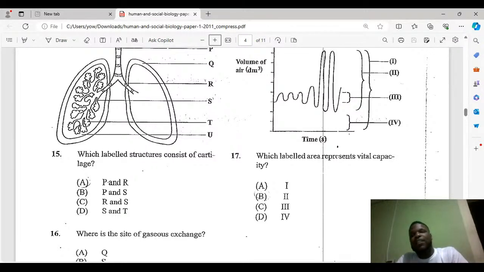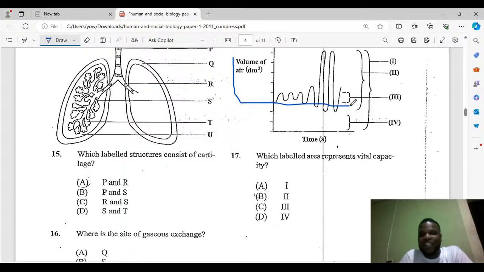So the diagram here will show how much. It says volume of air, right? And all of this would be the volume of air. So it would be B as the answer, because vital capacity is how much air you can actually breathe in.